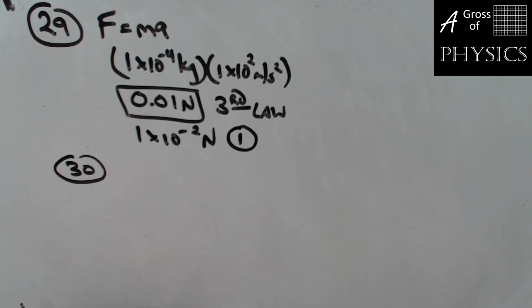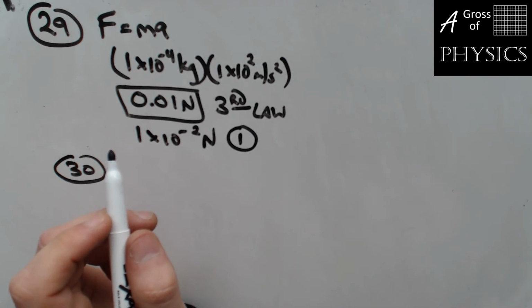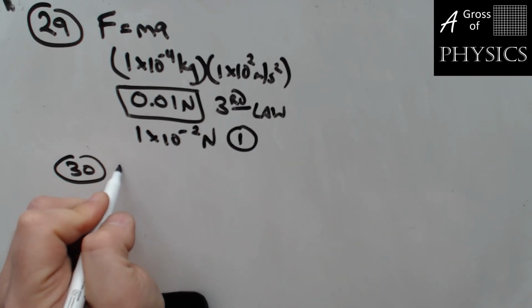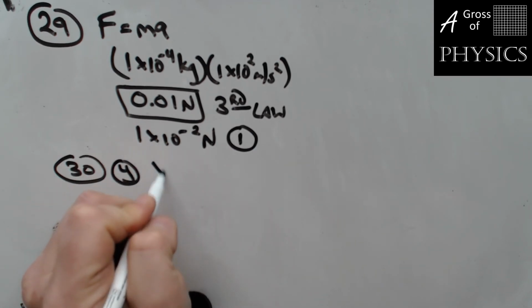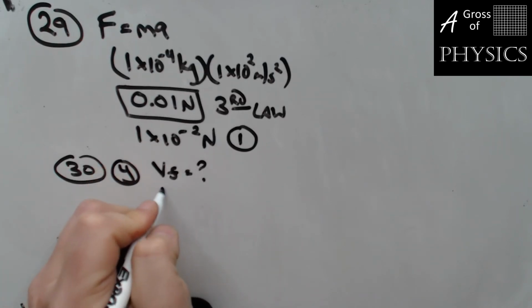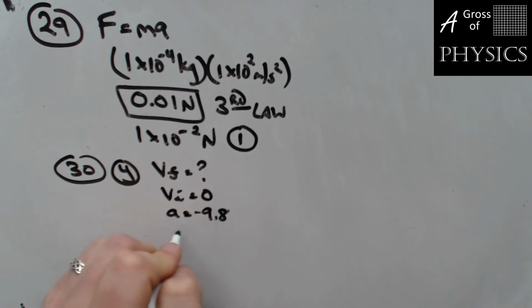Number 30. An object is thrown horizontally with a speed of 5 meters per second and strikes the ground 3 seconds later. What's the vertical speed of the object as it reaches the ground? So I'm going to look at the y final velocity. That's what I'm looking for. Horizontally, it was 5, but initially in the y, it's 0. a is negative 9.8, and t is 3 seconds.